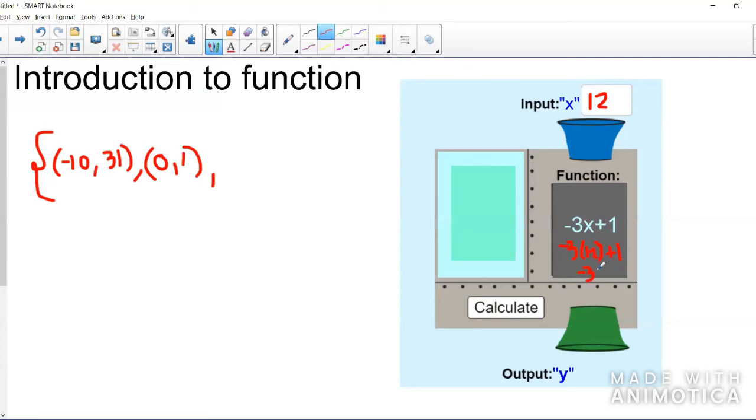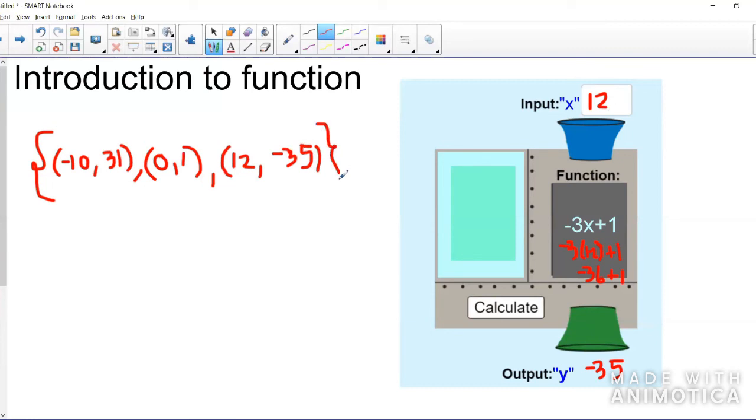That would be -36 plus 1, which makes a -35. Which means if the input here is a positive 12, that gives you the output of -35 using that function -3x plus 1.